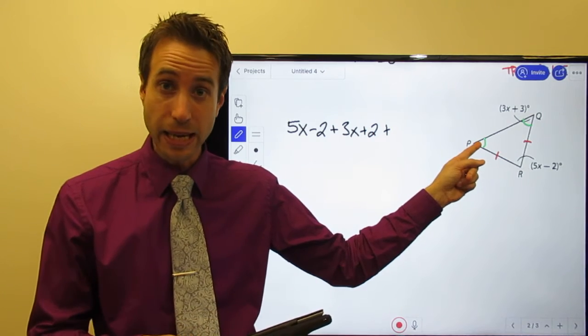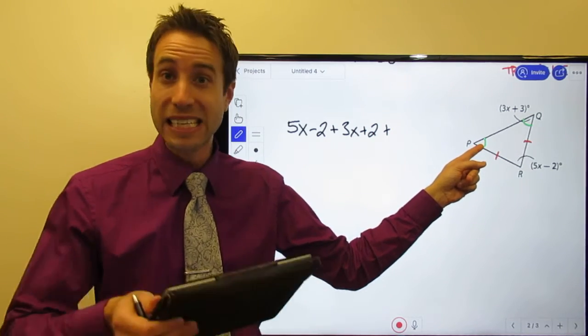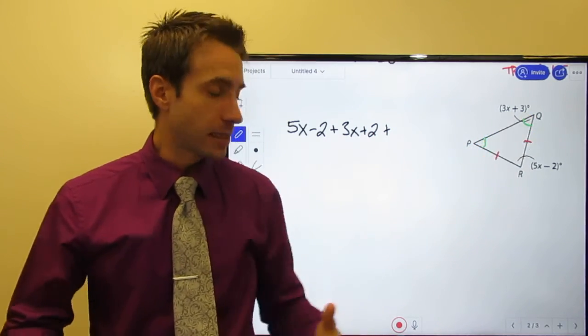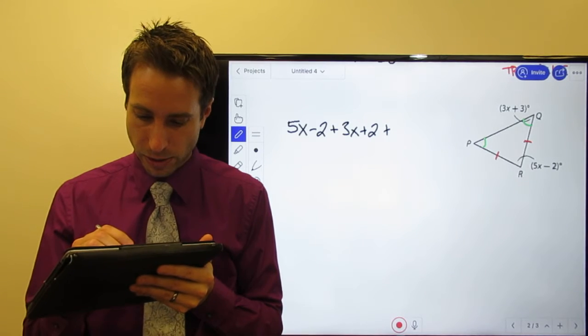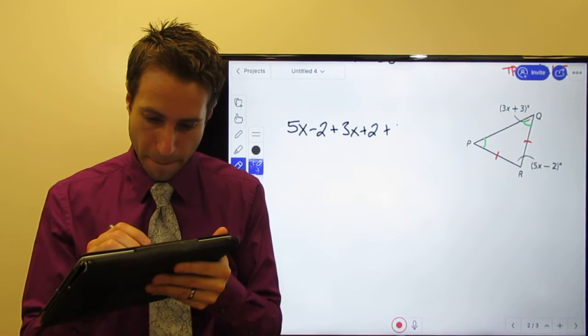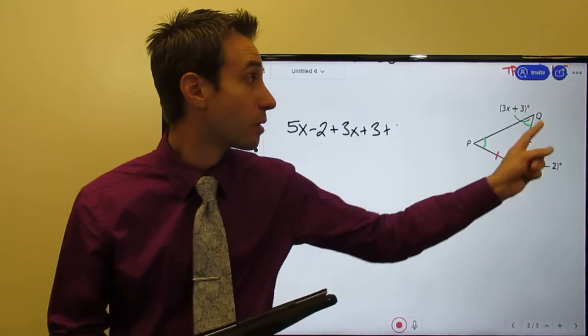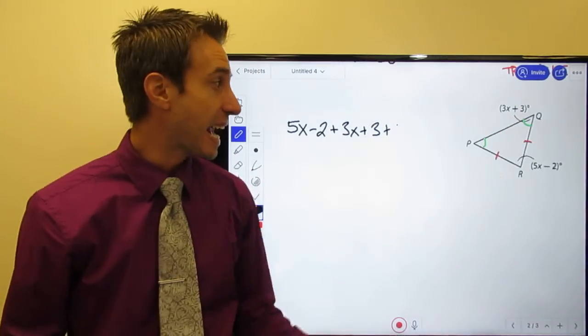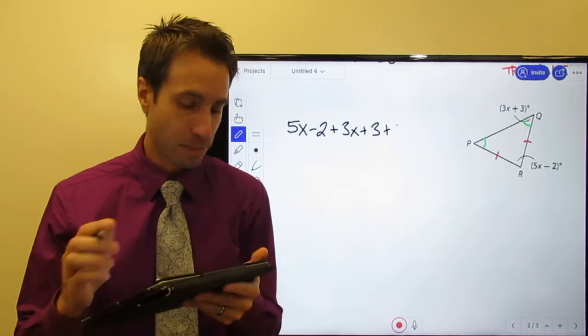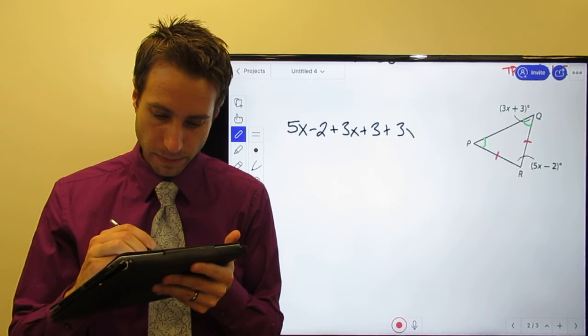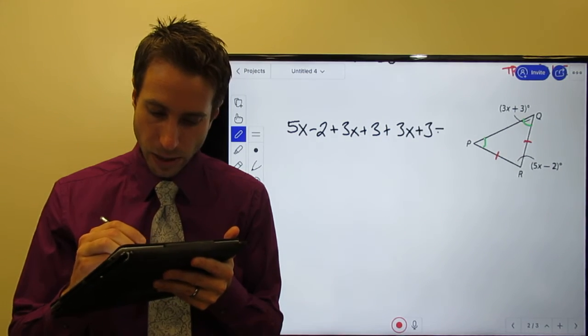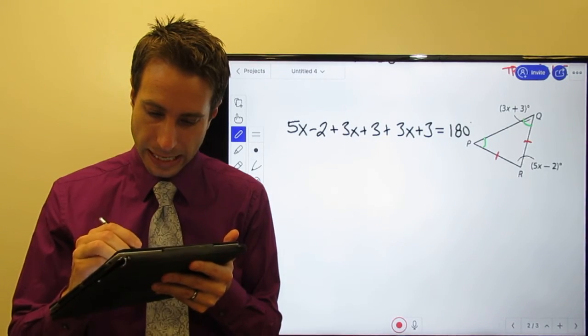What is this interior angle? Well, it's equal to this interior angle. So 3x plus, oh wow, oops, not 2, 3. And now I add it again. This is also 3x plus 3. And it's all got to be equal to 180 degrees.